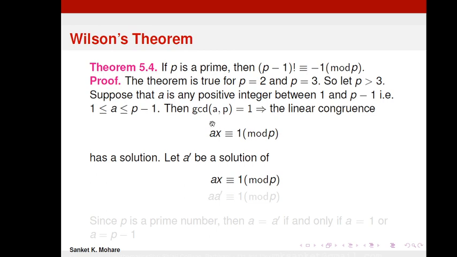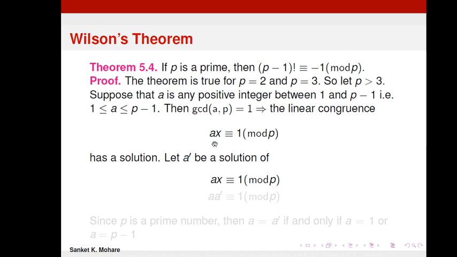And whenever GCD of a, p is equal to 1, this implies the linear congruence ax congruent to 1 modulo p has a solution. So first we assume a is an integer between 1 and p minus 1, and as a is between 1 and p minus 1, a is co-prime to p, and whenever a is co-prime to p, then we have the linear congruence ax congruent to 1 modulo p, which has a solution.